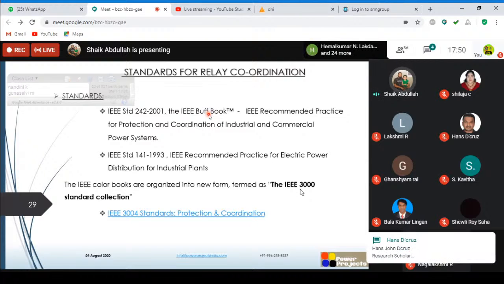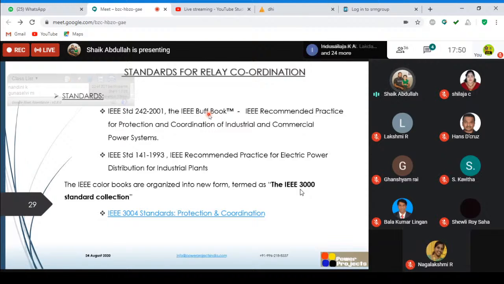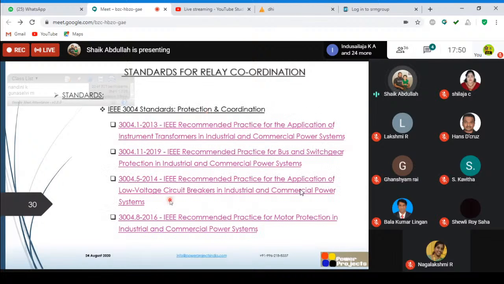Still we are using that one. It is not amended, but it is giving the new form. The standard IEEE 242 is only one Buff Book for all protection, but the IEEE 3000 series elaborates and explains it a little more briefly in independent modules.